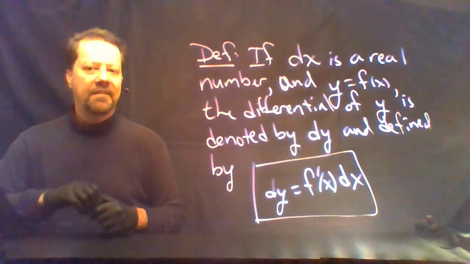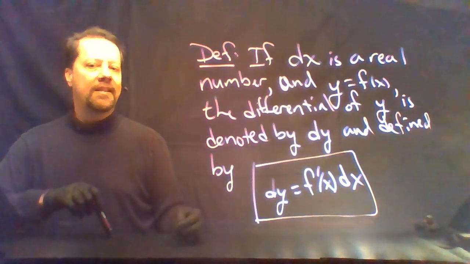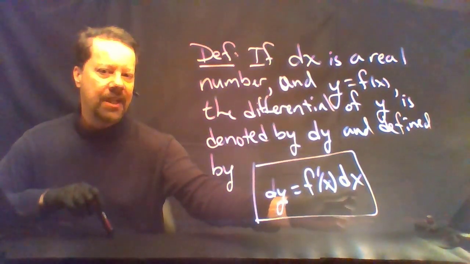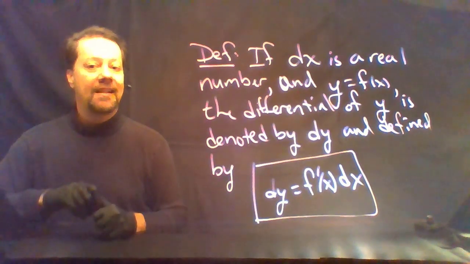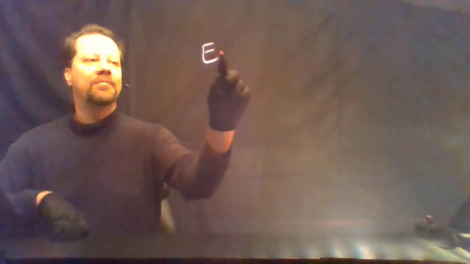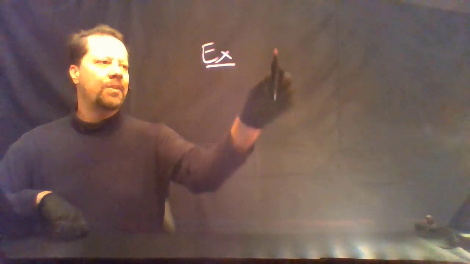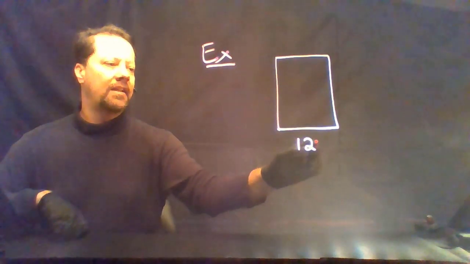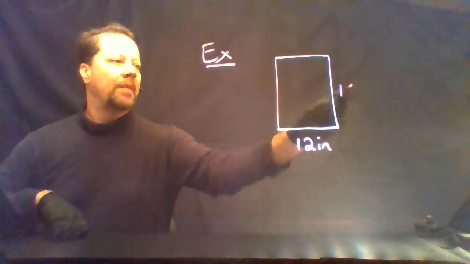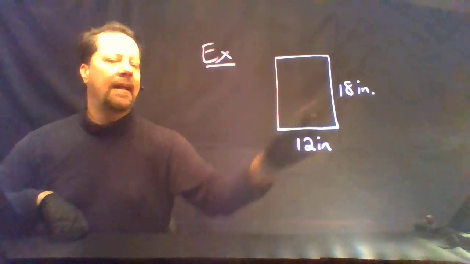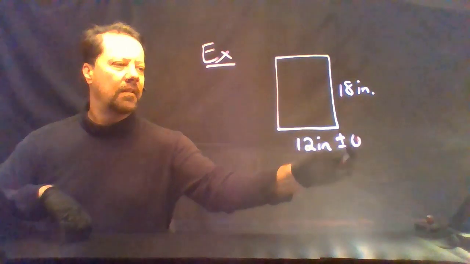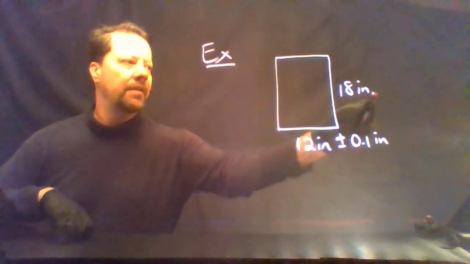The way to think about this differential dy is that that's a small change in y that results from a small change in x, or at least it's a good approximation to it. Here's an example. Suppose we have a photograph and it is 12 inches by 18 inches. However, suppose that these measurements are to within plus or minus 0.1 inch.